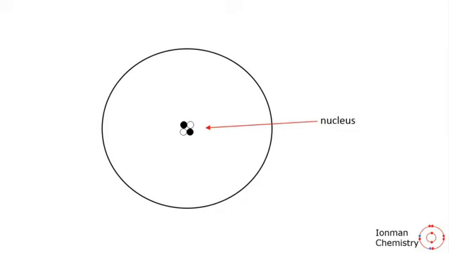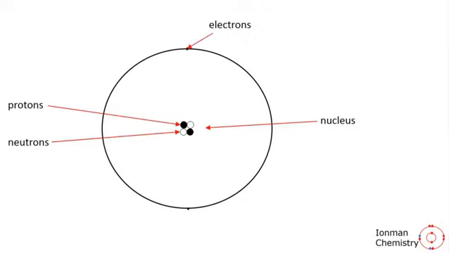The radius of the nucleus is about 1/10,000th of the radius of the whole atom. So it's very small compared to the atom as a whole. The nucleus is made out of two types of particles, protons and neutrons. Then outside the nucleus, there are some even smaller particles, and these are called electrons.